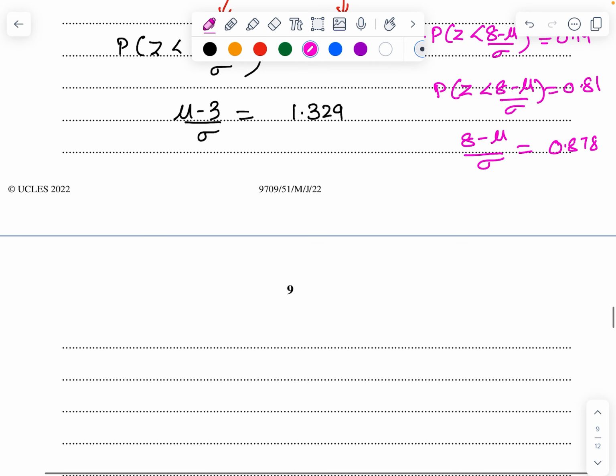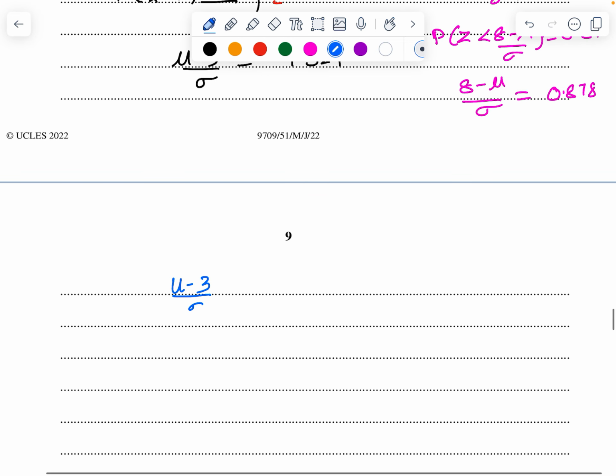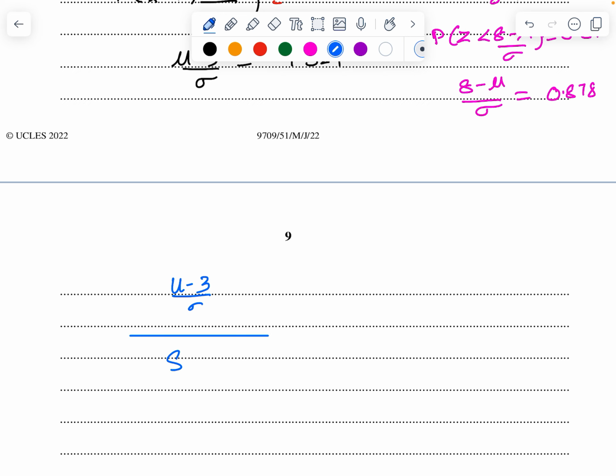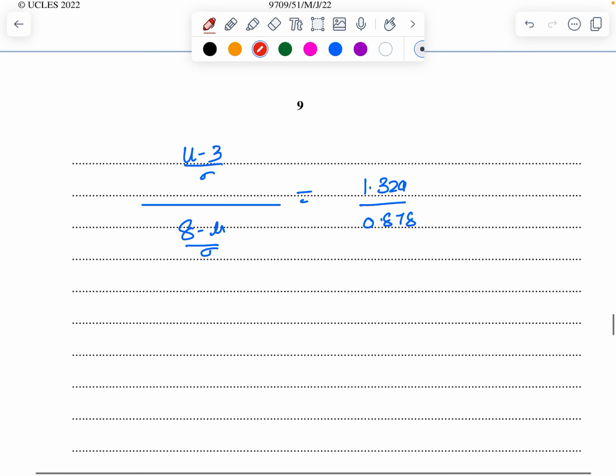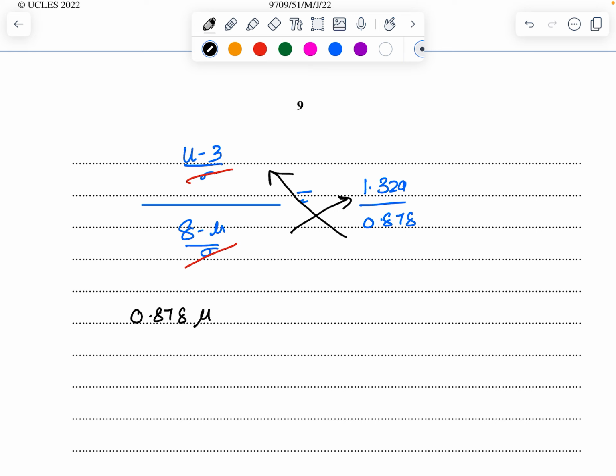Now what am I going to do? I am going to divide both. Mu minus 3 by sigma divided by 8 minus mu by sigma equals 1.329 by 0.878. Sigma sigma cancels, then do the cross multiplication. So 0.878 mu minus 3 times 0.878 equals 1.329 times 8 minus 1.329 mu.